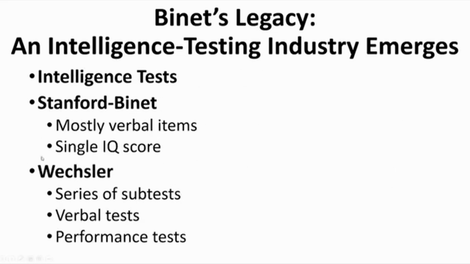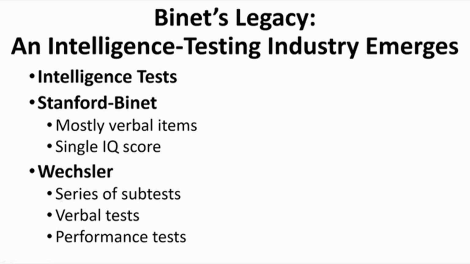So if we can look at our summary here of the two types of intelligence tests when they were proposed, the Stanford Binet focused mostly on those verbal items, and it gave you a single IQ score, which was very useful. Our Wechsler tests were different because they came up with a series of subtests.